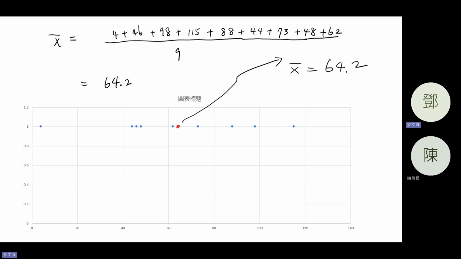You just sum them up and divide by the sample size 9. It's simple to calculate and conceptually simple. You can get the idea of central location easily.